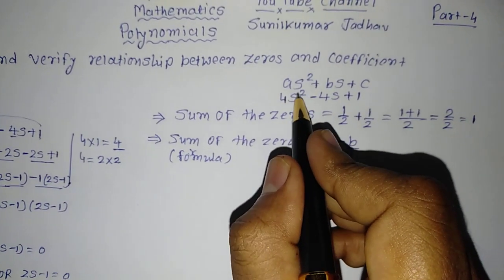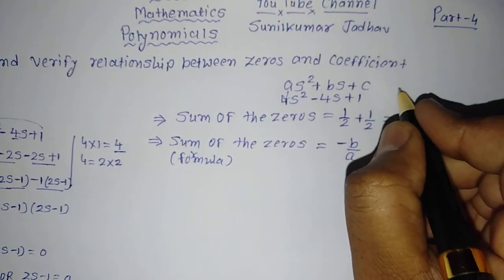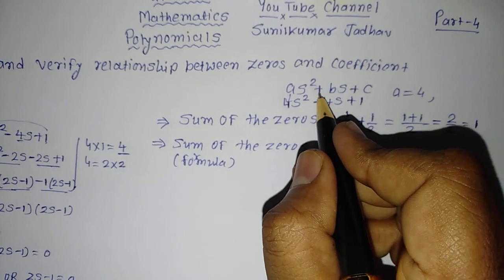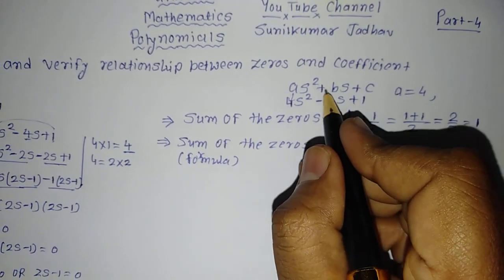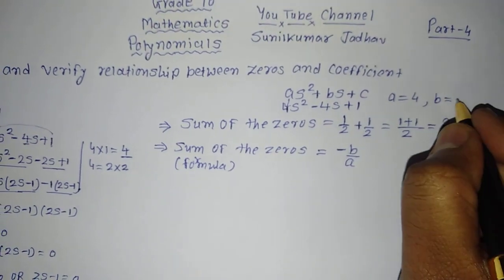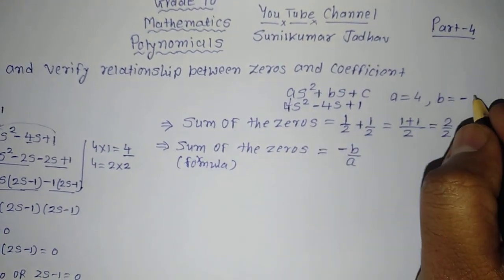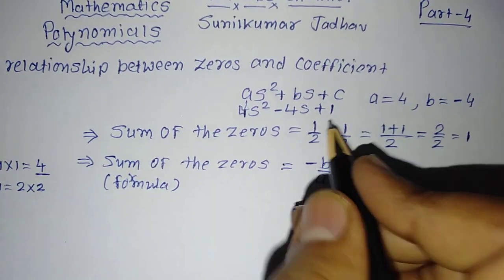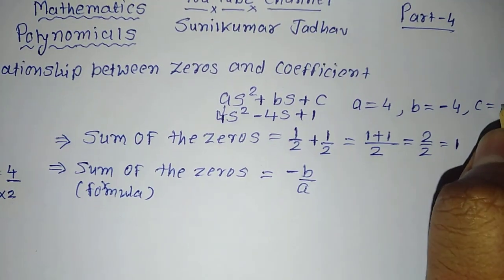Here it is s square, so a is equal to 4. Here you can see plus b s, here it is minus, so definitely b is equal to minus, and what is the value? That is 4, so b is equal to minus 4. What is c? It is plus, so c is equal to 1.